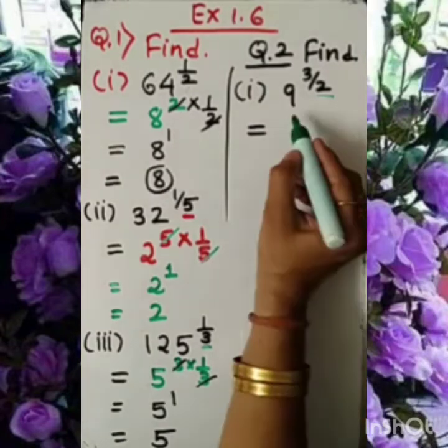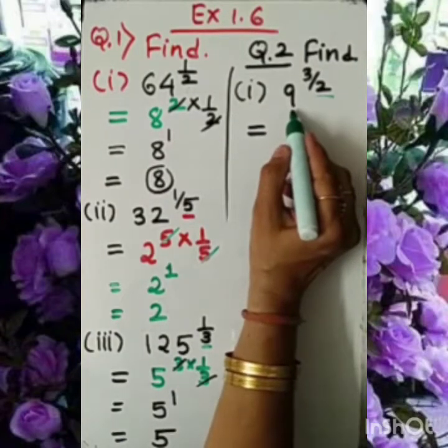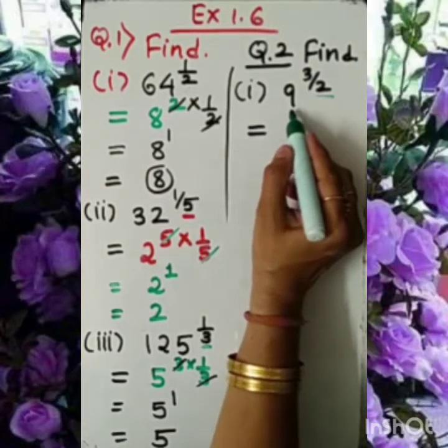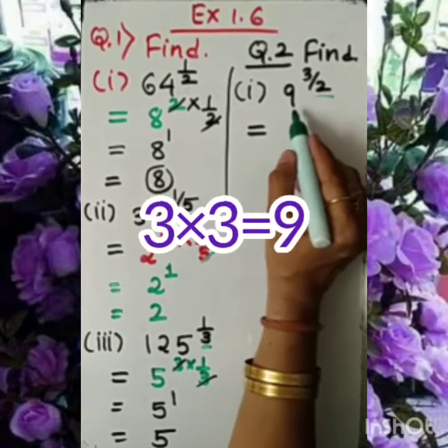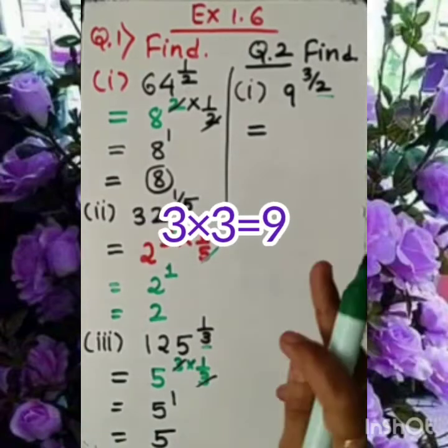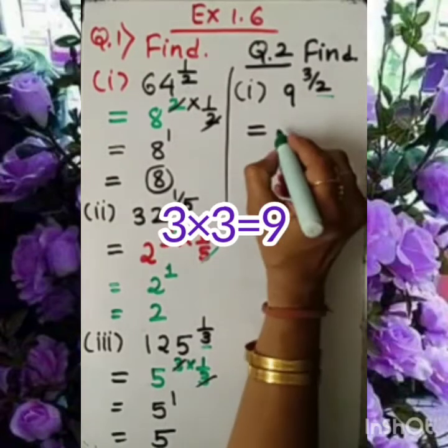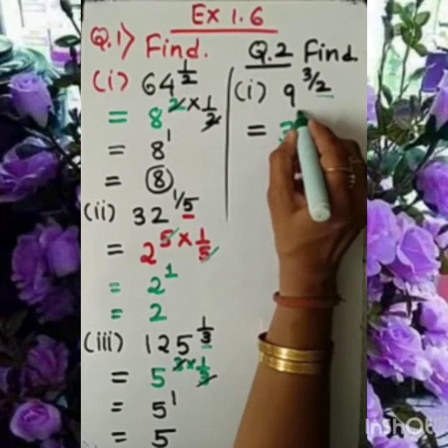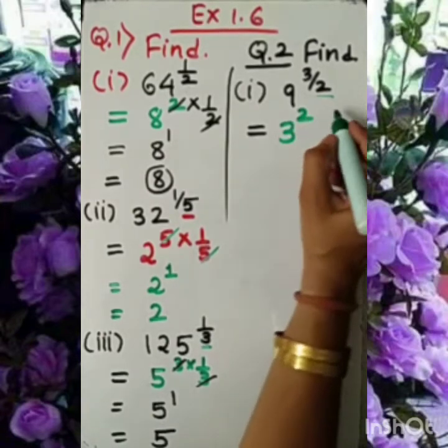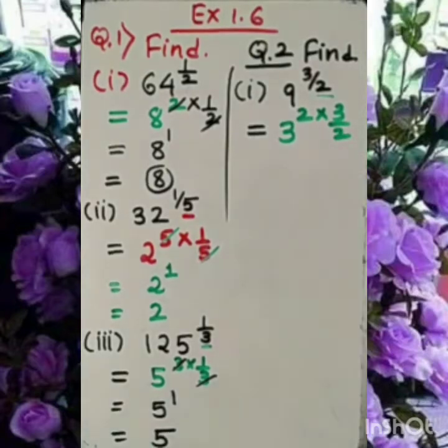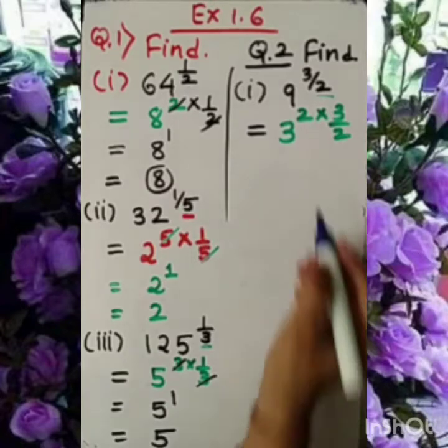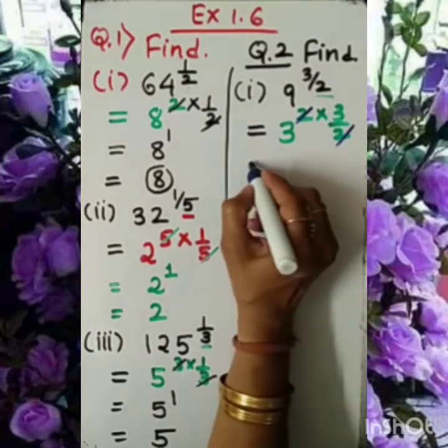So can we write 9 in a square form? Of course we can. 9 is 3 3s are 9. This indicates it has power 2, 3 square. And here we are already given 3 by 2 in the power. We can write 9 as 3 square. This 2 cancels.